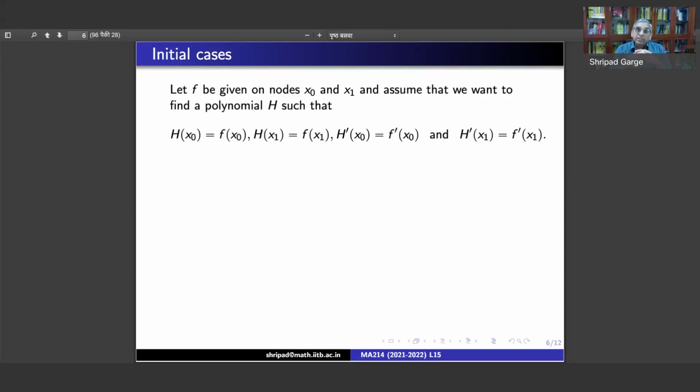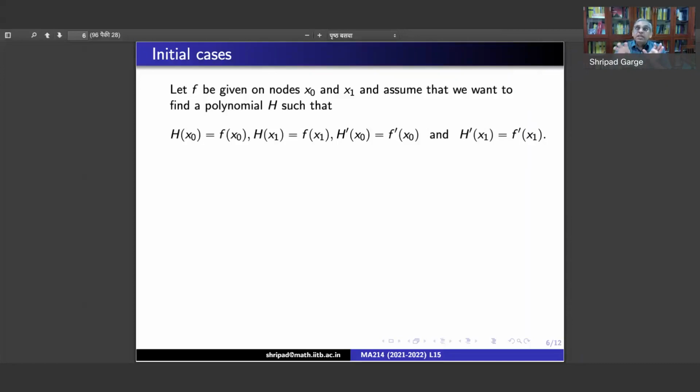That is quite clear. Because if you are looking at h(x0) equal to f(x0) and h(x1) equal to f(x1), your polynomial should be a linear combination of Lagrange polynomials. But moreover, the corresponding derivative should be 0 at the points xi. So if you think more about it, you will realize that you should not have just Li as a factor, but you should have Li squared as a factor.